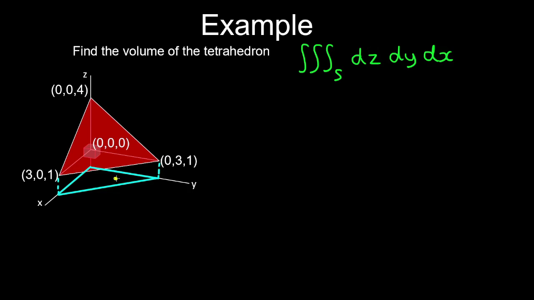So we choose a point in this region and draw a line that cuts the solid parallel to the z-axis. So integrating with respect to z first, and observing that this line cuts the solid region at z is equal to 1, and then the line exits the region through this face of the tetrahedron.